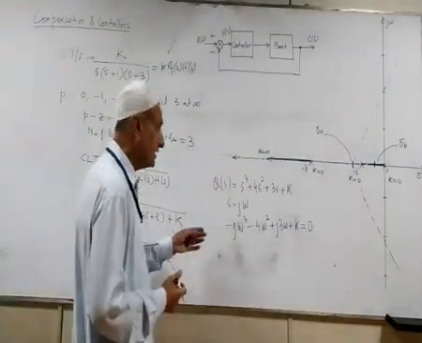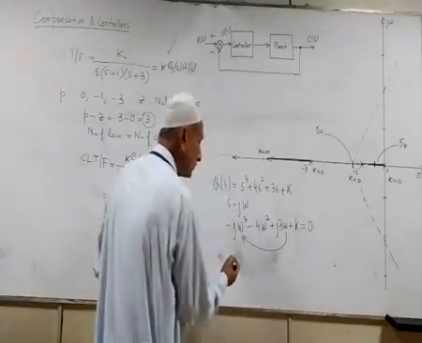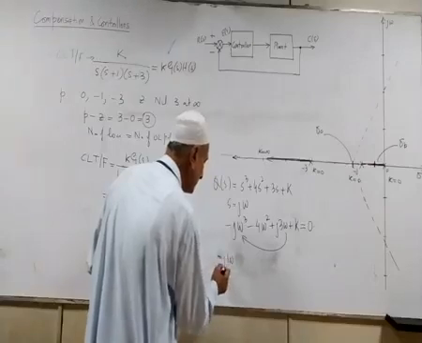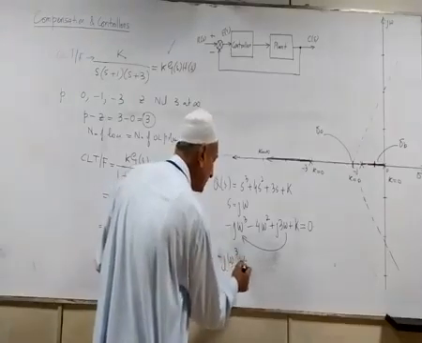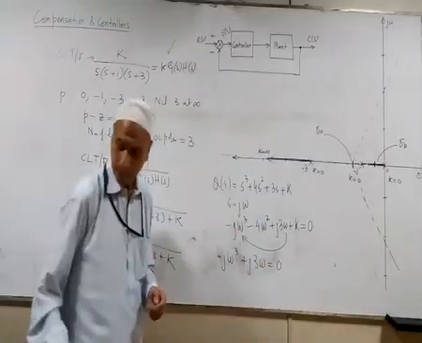Now if we collect the imaginary terms, we will get minus j omega cube plus j 3 omega equal to 0.